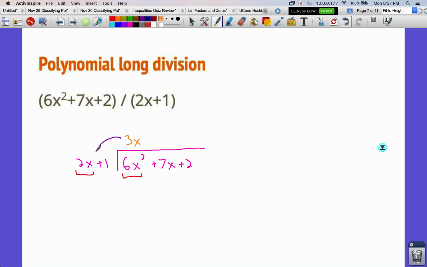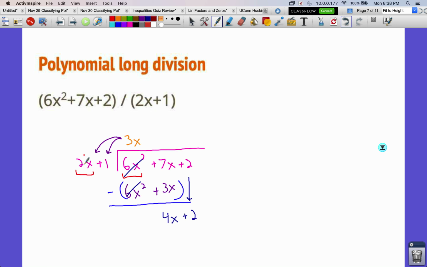Now I'm going to actually do the multiplication of the 3x to the 2x and the plus 1. I'll get a 6x squared, but I'll also pick up a plus 3x. Put a set of parentheses around this, subtract it away. These should always cancel, and then 7x minus 3x becomes a 4x, and we'll drop down the 2.